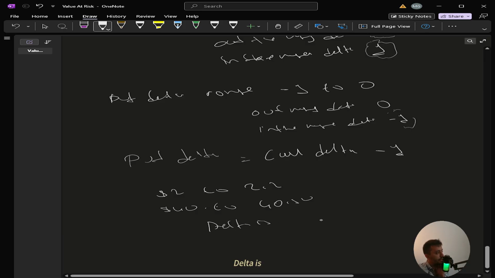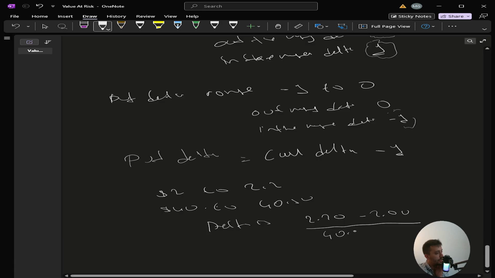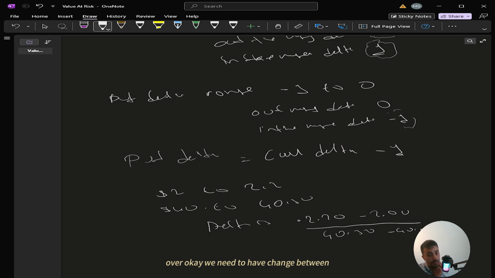Delta is the change in option price over the change in underlying price. We need to have the change between different times, I mean t1 and t0, and you'll have some difference here.